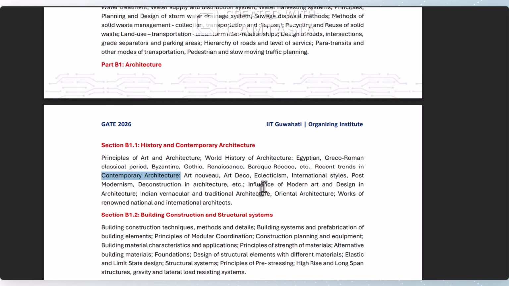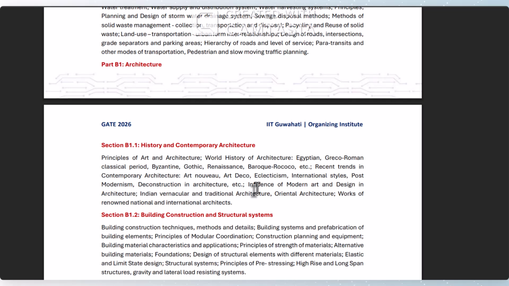Then, work of architects. This part focuses on renowned national and international architects. For India, study Charles Correa, B.V. Doshi, Achyut Kanvinde. Internationally, focus on Frank Lloyd Wright, Mies van der Rohe, Le Corbusier, and Zaha Hadid. An example question will be like: who designed the Mill Owners' Association building in Ahmedabad?